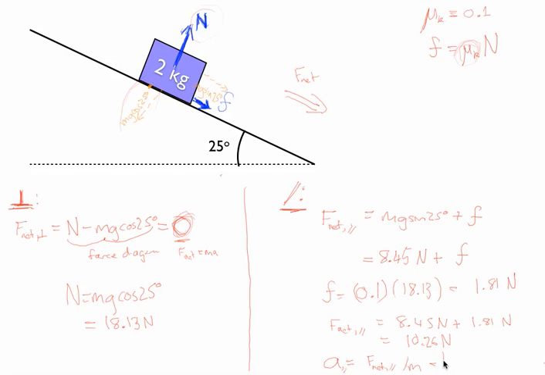So it's 10.26 newtons divided by the mass of the block, 2 kilograms, which gives me an acceleration of 5.13 meters per second squared. And this acceleration is down the hill. So even though the block is moving up the hill, the acceleration is pointing down. This makes sense because the block is slowing down.